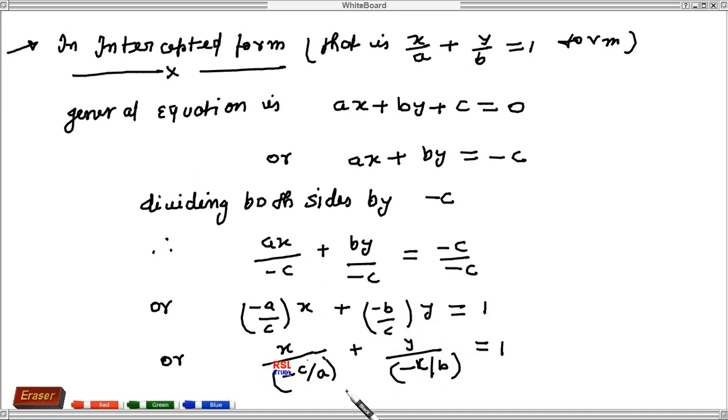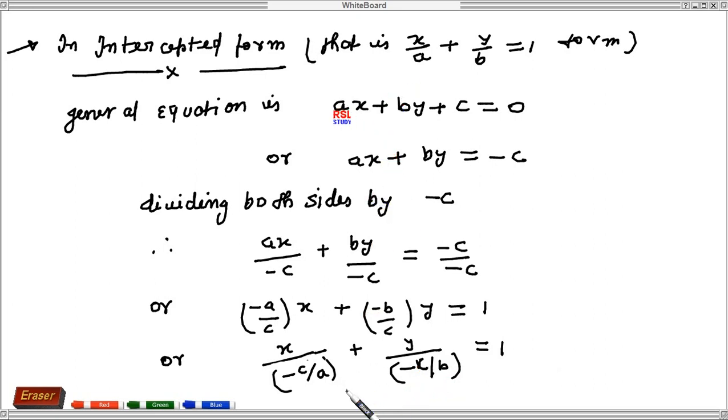Now we see that this is the x by a plus y by b equal to 1 form. Comparing this to this, we find the value of a is equal to this and b is equal to this.